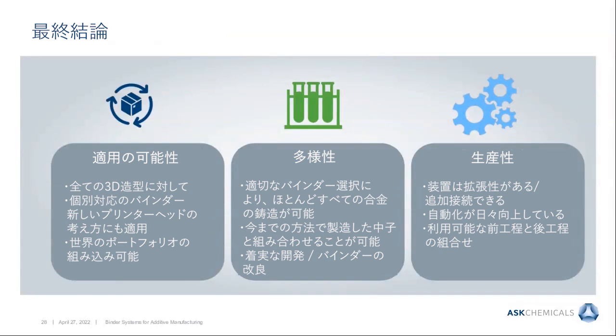The degree of automation is steadily increasing, so there is a possibility to increase productivity even further, and aggregates for pre-processing like mixing sand with activator or post-processing like hot air curing or microwave curing are already available. So this is something that also increases, I think, the attractiveness of the system.